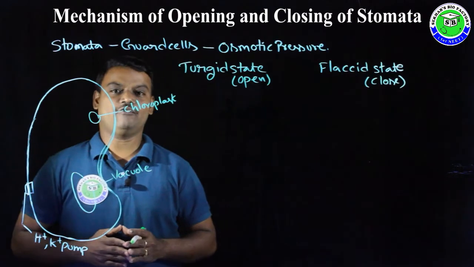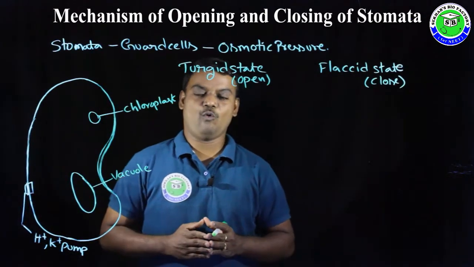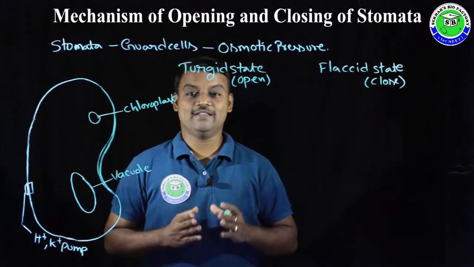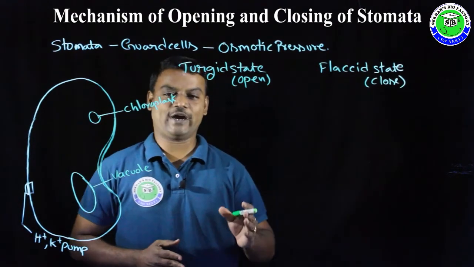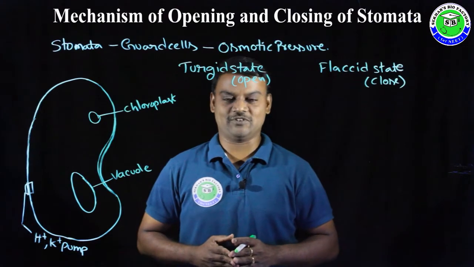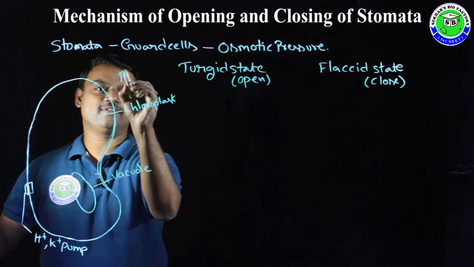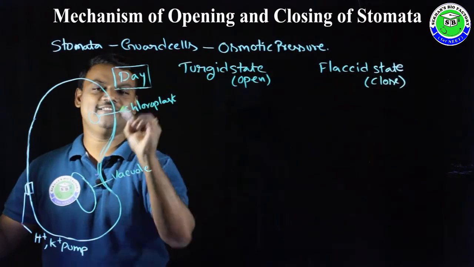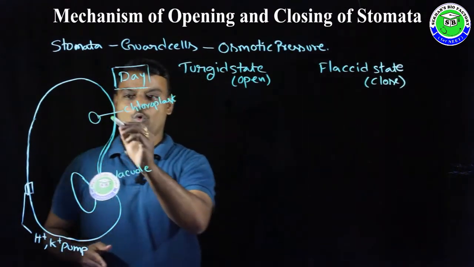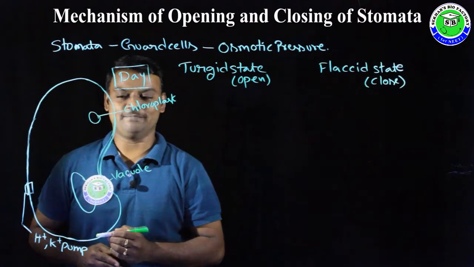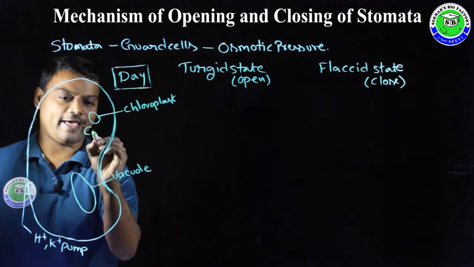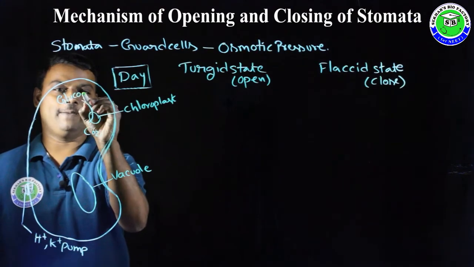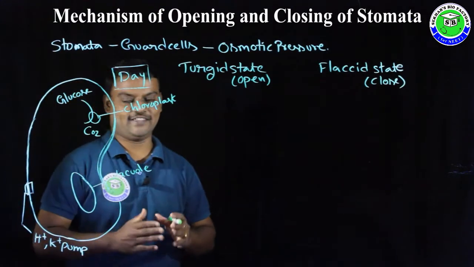In the majority of plants, the stomata are open during daytime and closed during night time. These are called photoactive stomata. During daytime, when sunlight is available, the chloroplasts present in the guard cell convert carbon dioxide into glucose by performing photosynthesis.